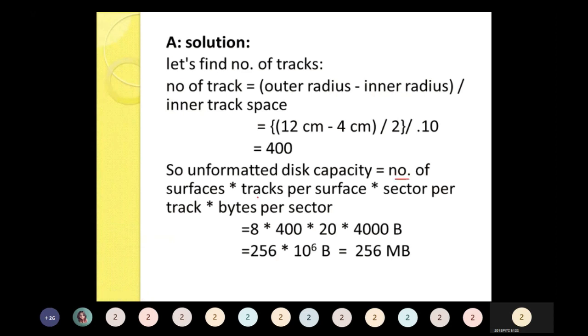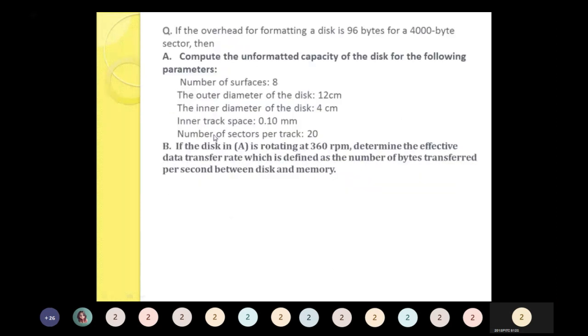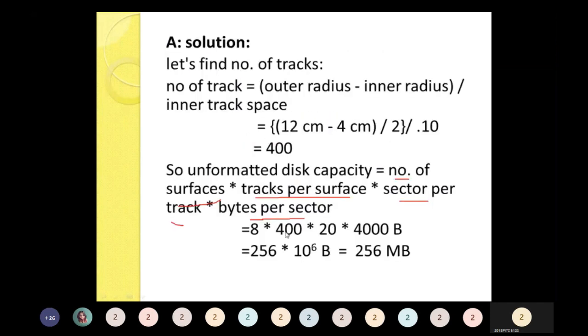The formula is number of surfaces, tracks per surface, sectors per track, into bytes per sector. These are the four factors, and we get the answer. In the given question, the number of surfaces, sectors per track, and bytes per sector are all given, and the only one we have to calculate is tracks per surface.